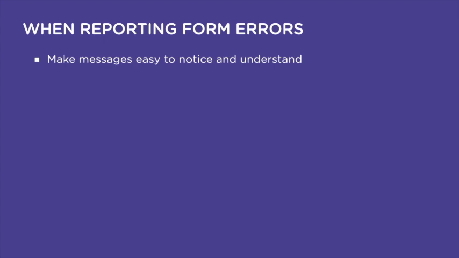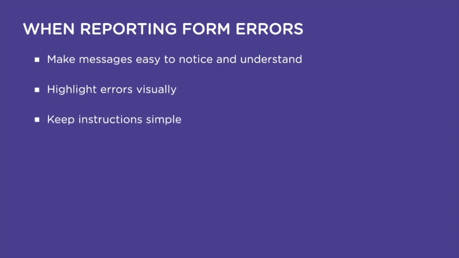The error message should be easy to notice and understand. The fields in error should be easy to locate, and users shouldn't have to memorize the instructions for fixing the error. We'll take a closer look at designing an accessible form in the second stage of this course.